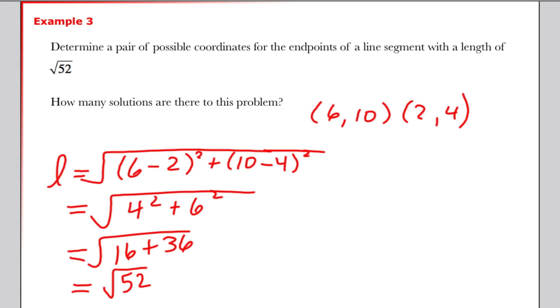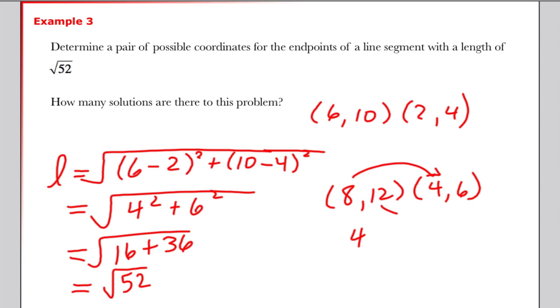As well, you could think of other combinations of numbers like 8, 12 and 4, 6. Because 8 minus 4 is 4, and 12 minus 6 is 6, and when I square those and add them up, again, I get 52.